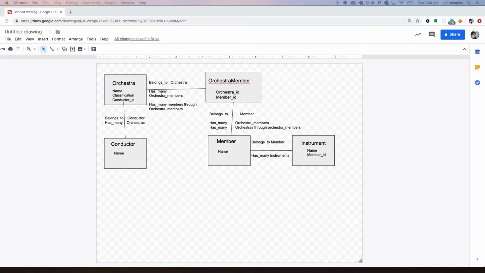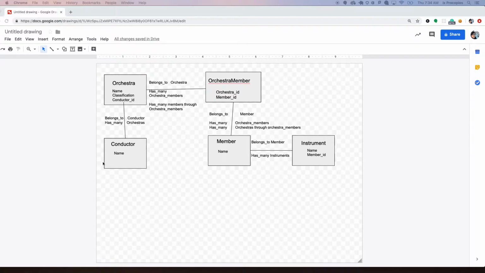My main models are going to be orchestra, conductor, member, and instrument. So I know that a conductor has many orchestras, and an orchestra belongs to a conductor. When thinking out my foreign key and where I want to put that, I like to think about how many IDs would be necessary.